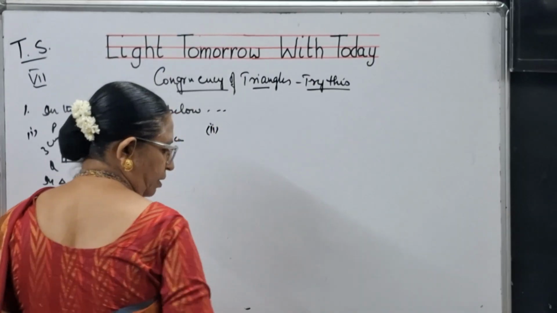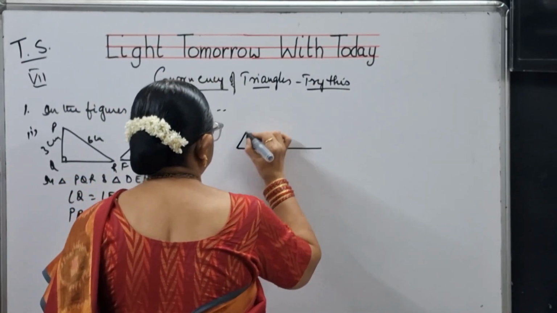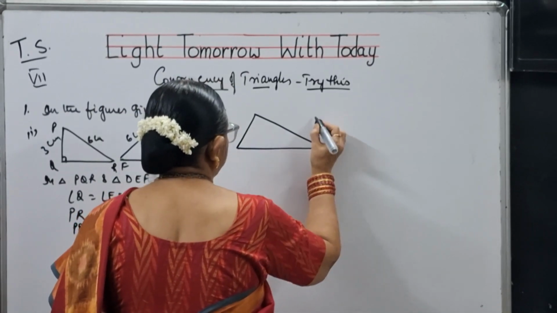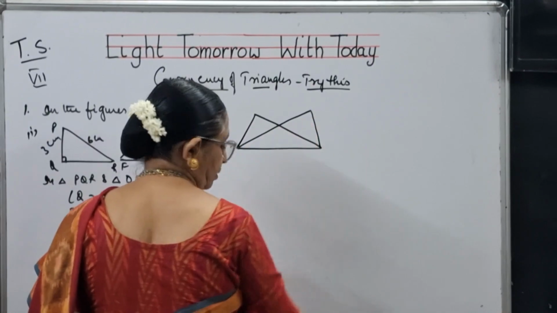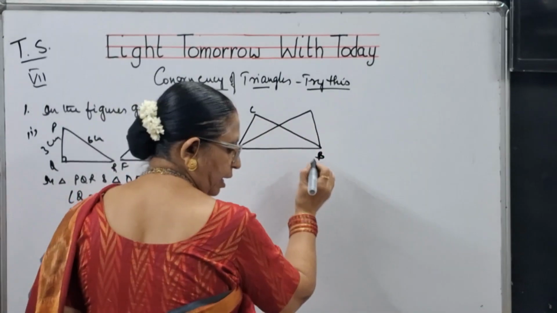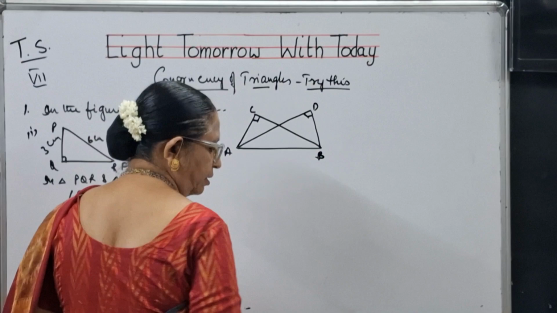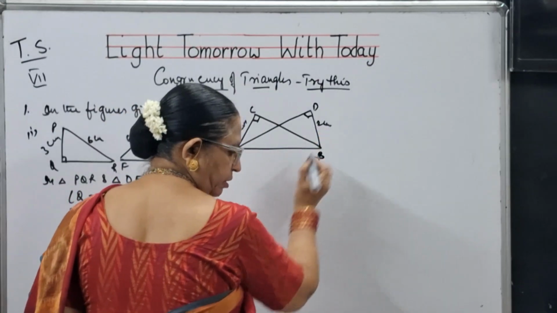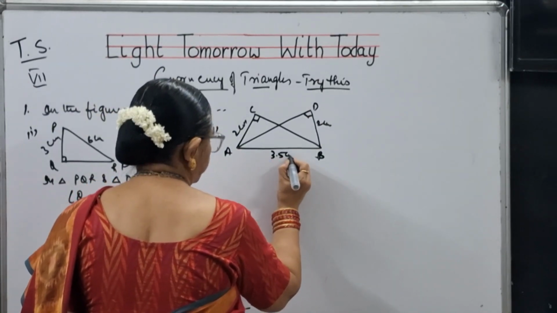And the second figure, you have got a triangle in this way and another triangle in this way. This is A, B, C and this is D, 90 degrees, 90 degrees, 2 centimeters, 2 centimeters and then 3.5 centimeters.